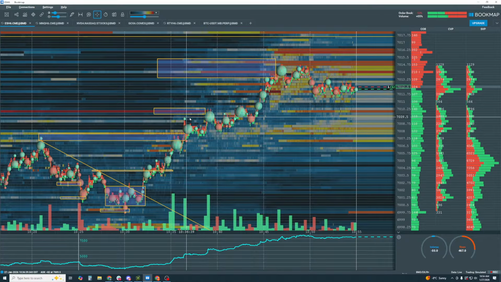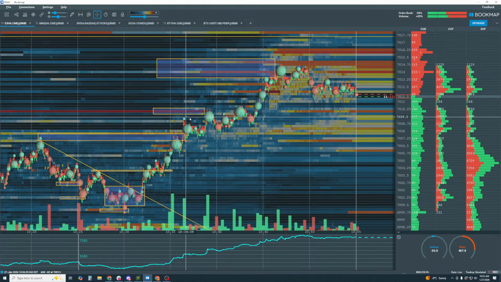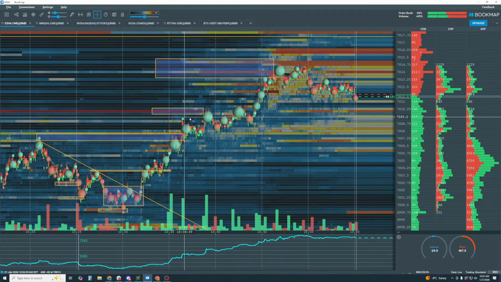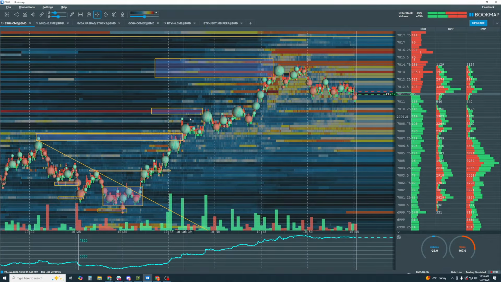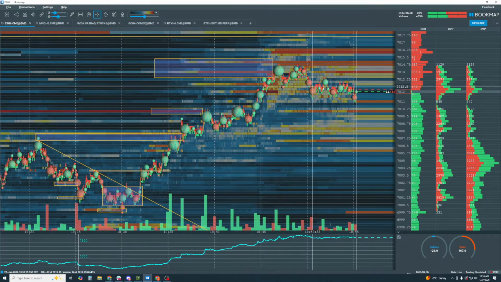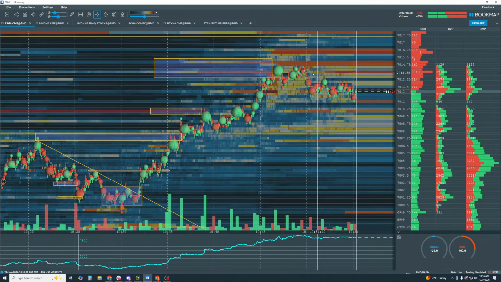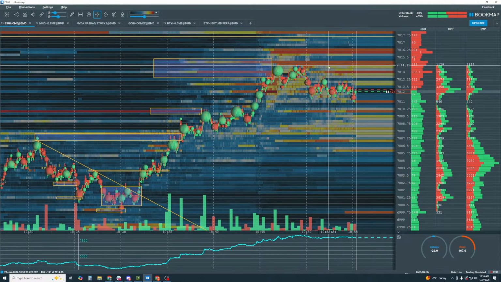You're building confidence by doing that. It'll keep you inspired and motivated. And then the next step would be to trail your stop and try to get more out of it. And the next step after that is maybe scaling.